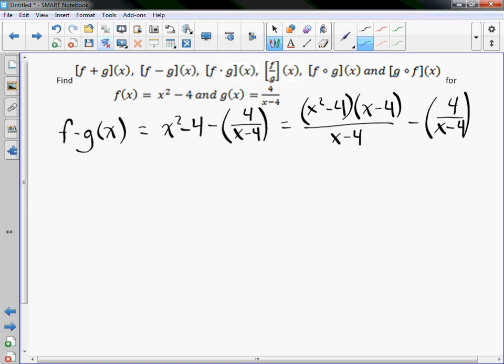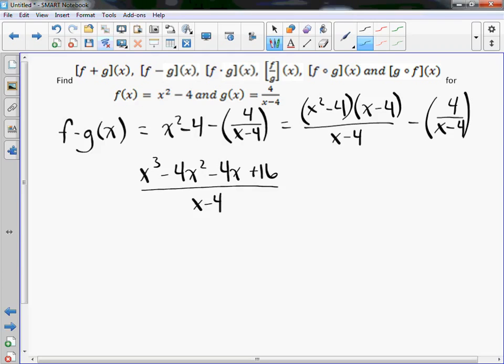Okay, and we FOILed that. X cubed minus 4x squared minus 4x plus 16 all over x minus 4 minus 4 over x minus 4.